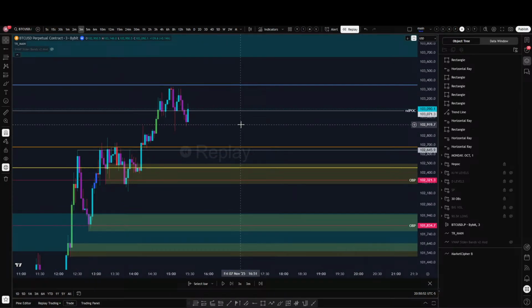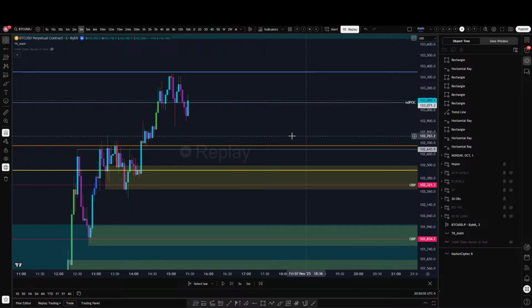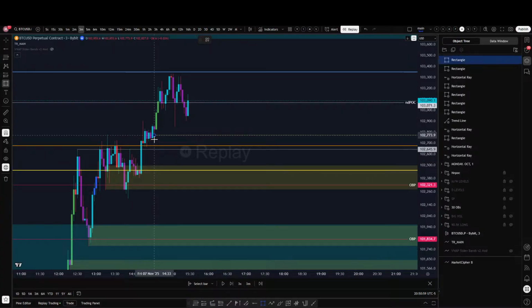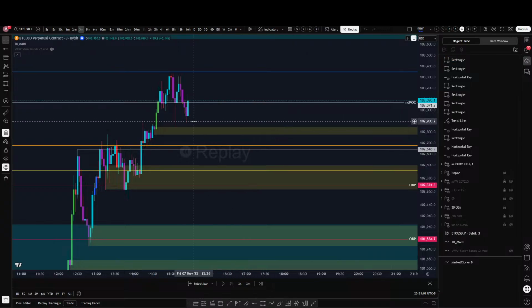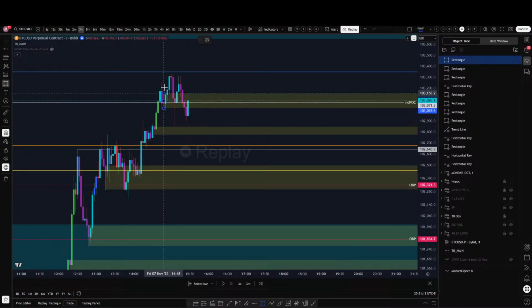So let's see what happened here. We left this order block untouched. This is the high. Did anybody attempt that order block? No. So we closed in it right away.